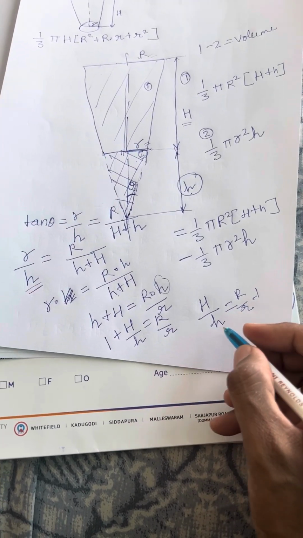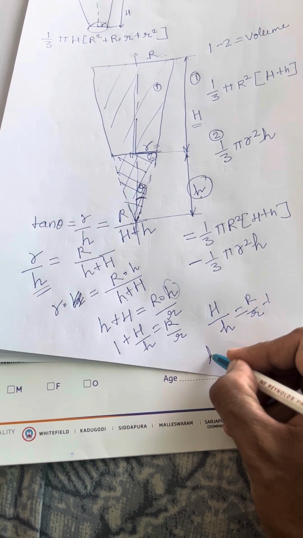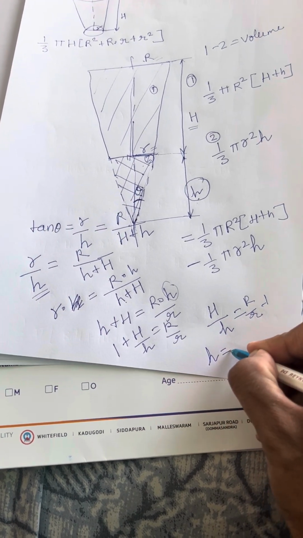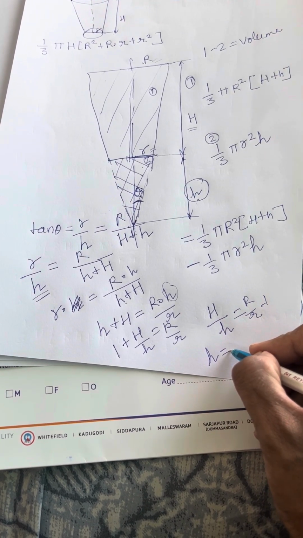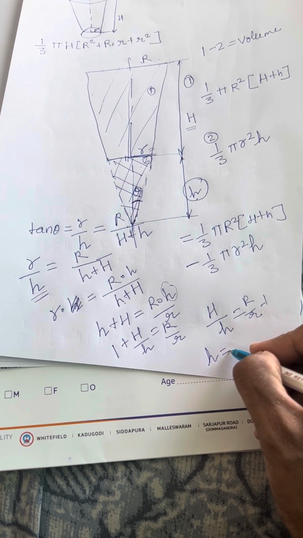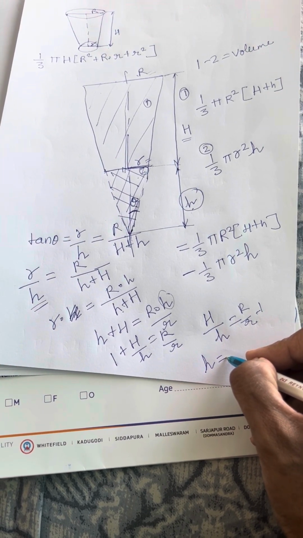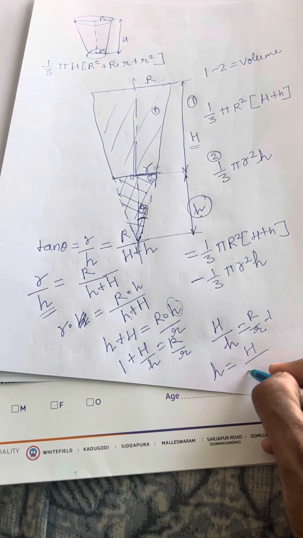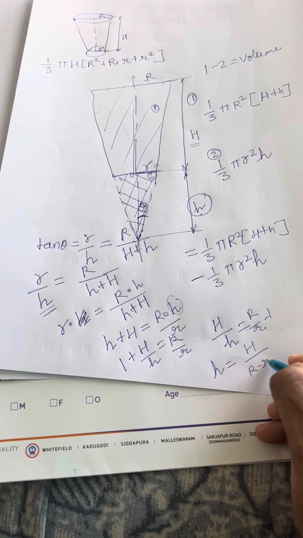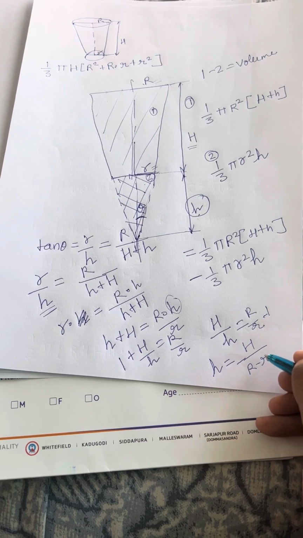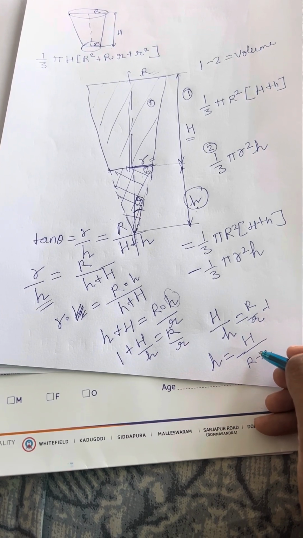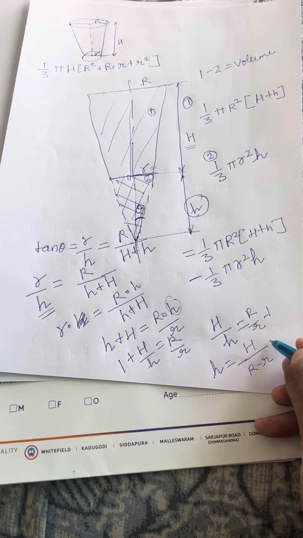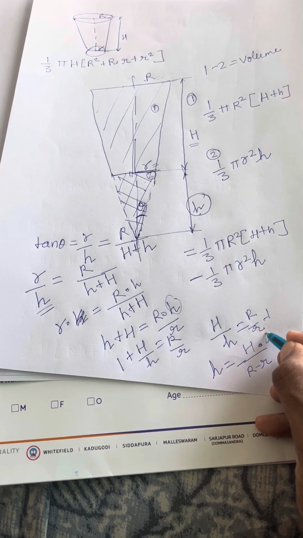Finally, I'm very close to defining what h is. h is equal to H by R minus r, into r.